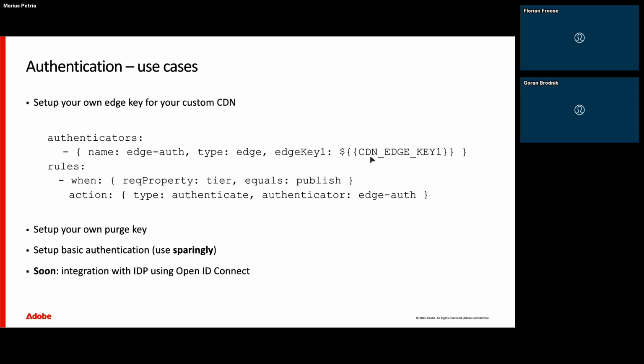I wanted to show here that you can use secrets in these YAML files. You can reference secrets that have been previously deployed as environment variables for your environments. This is the syntax: $, curly brace, and then the name of the secret. You can also set up a purge key, and we have also implemented basic authentication that is supposed to be used only for previewing content before going live.